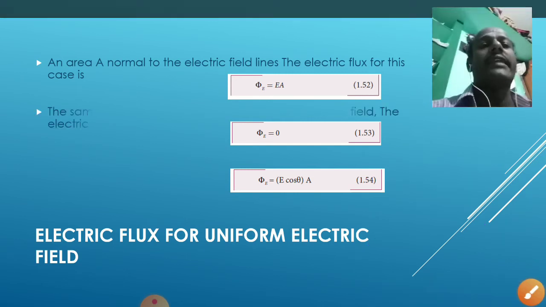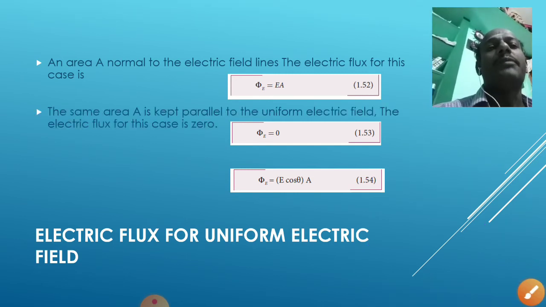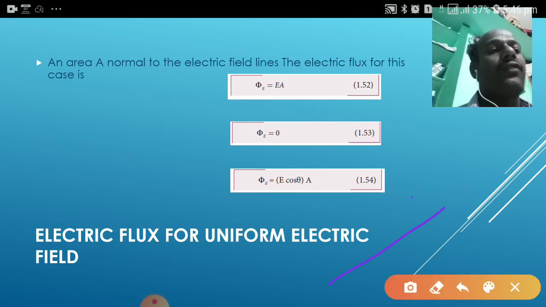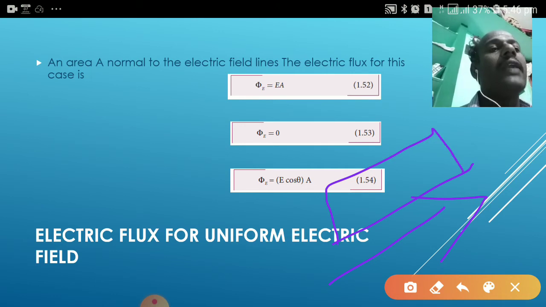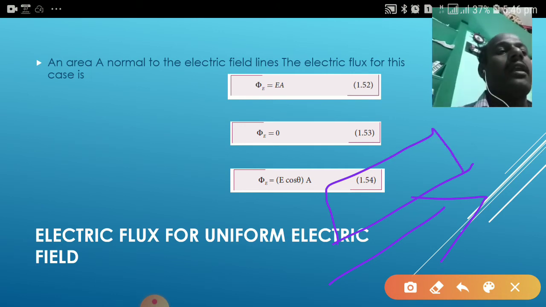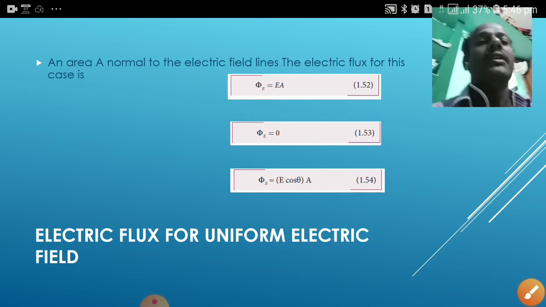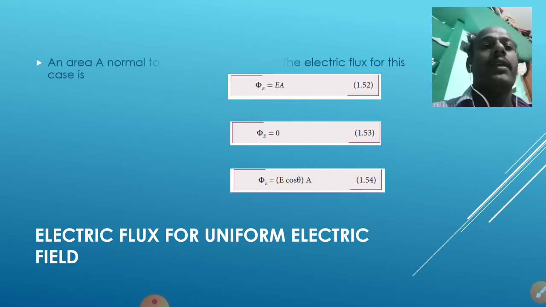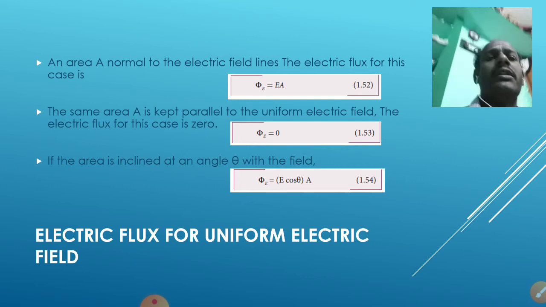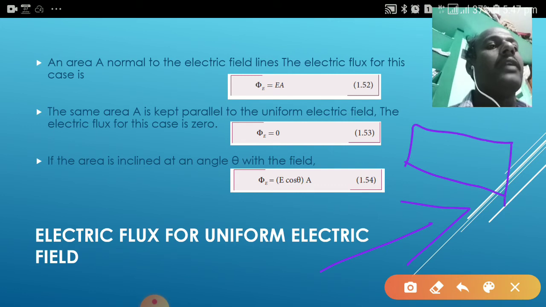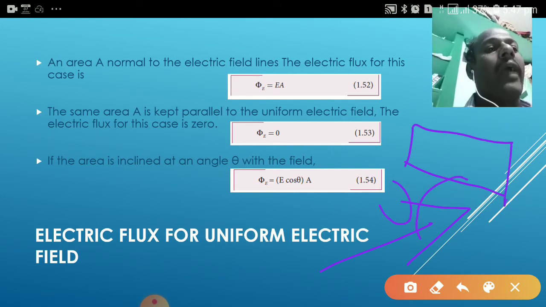The second case is when the area is kept parallel to the uniform electric field. If I place a plate parallel to the electric field, I cannot find any electric flux. So in that case the electric flux will be 0. And the third one: suppose this is the electric field and I place the plate inclined at some angle theta.